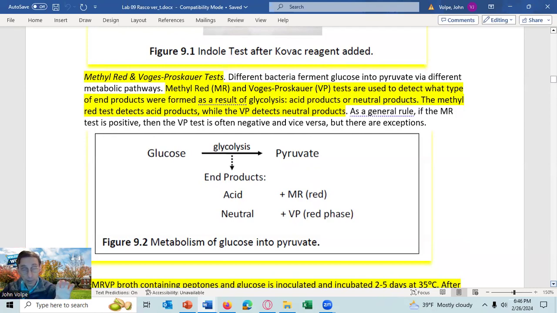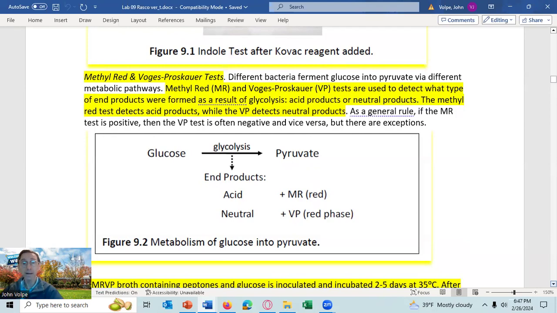One tube you use for the MR test, the other tube you use for the VP test. Both tests are used to detect the end products of glycolysis. The MR test checks for the presence of acid products. The VP test checks for the products of glycolysis that are neutral products.